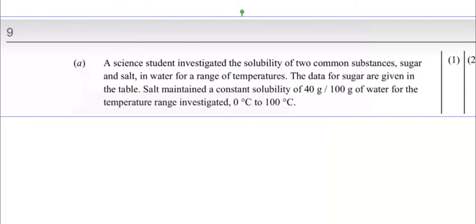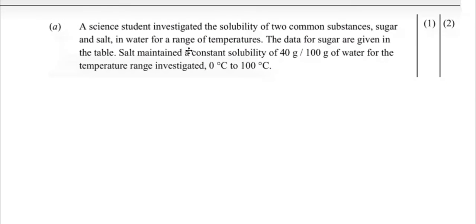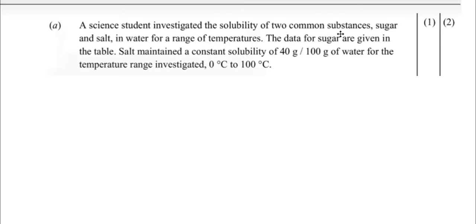Okay. A science student investigated the solubility of two common substances, sugar and salt, in water for a range of temperatures. The data for sugar are given in the table. Salt maintained a constant solubility of 40 grams to 100 grams of water for the temperature range investigated, 0 to 100 degrees. So salt didn't change at all.